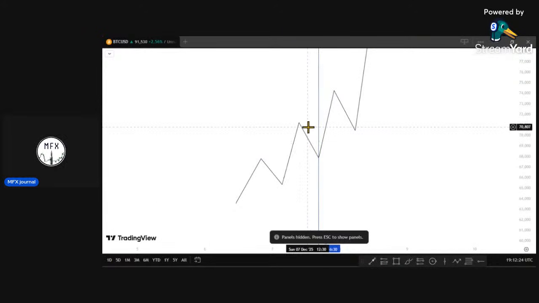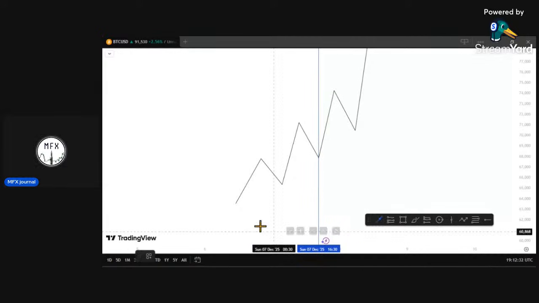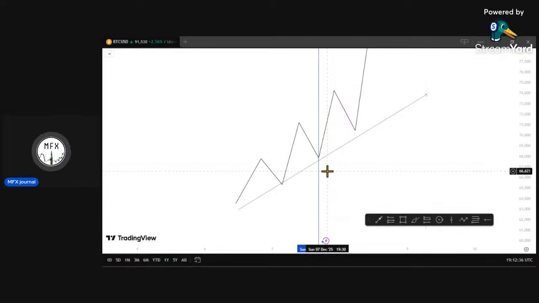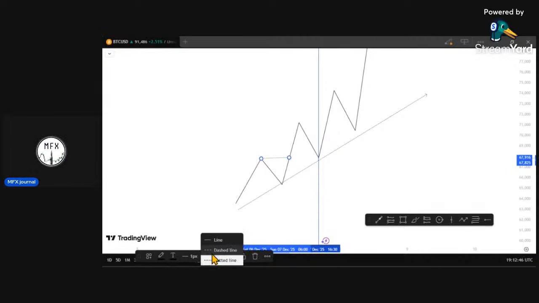There's a retracement over here, but the overall trend is still bullish. When we see this, price continually takes out the high right here.